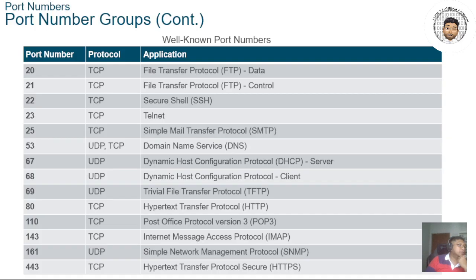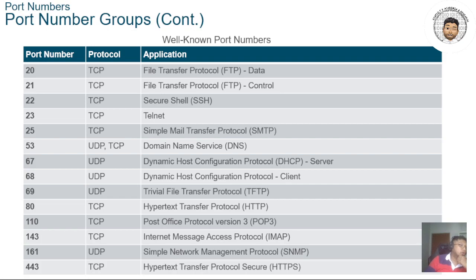So here are some of the well-known ports. For FTP, you have 20 and 21, Secure Shell you have 22, Telnet 23, and then you have a lot more ports here. As you can see in the university, some of the websites or applications you cannot use inside the university because some of the ports are blocked by the university administration.